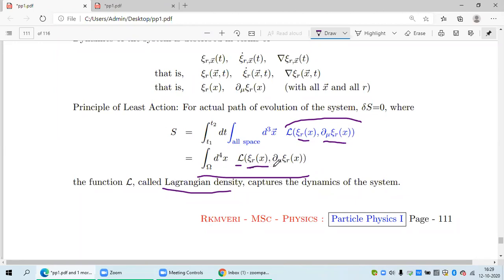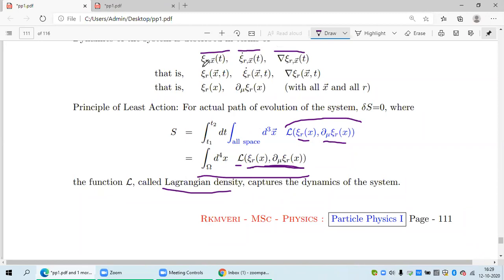And now these three things, coordinates, velocities, as well as this space derivative, you have to consider, because if these three are different, the dynamics of the system will change.